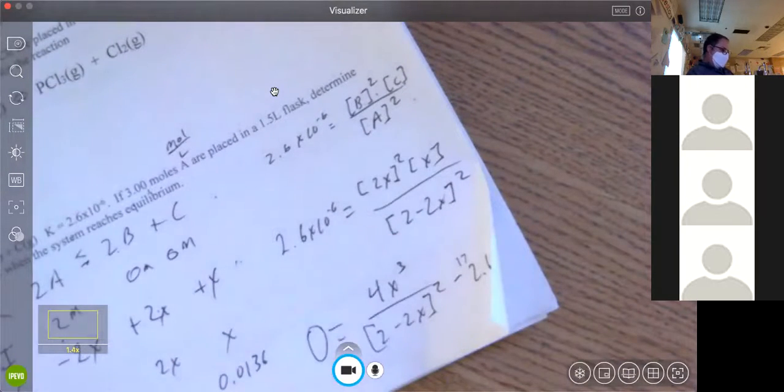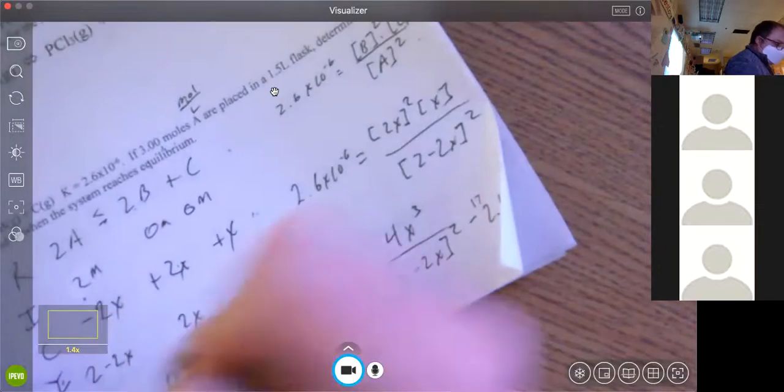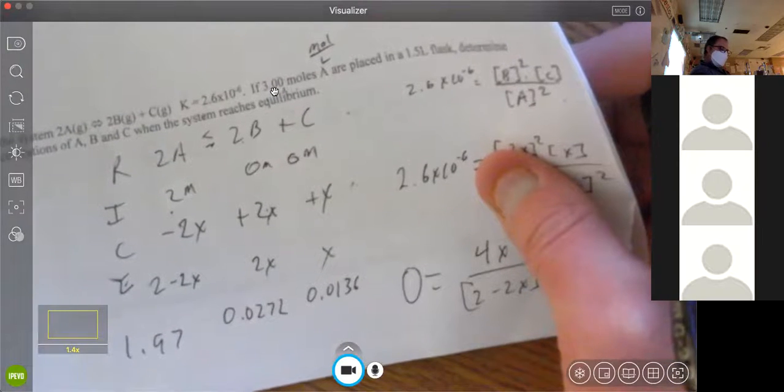And then 2 minus 2 times 0.0136. So there are your concentrations at equilibrium.